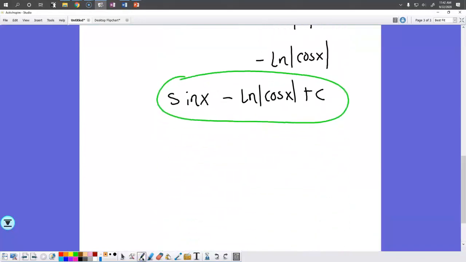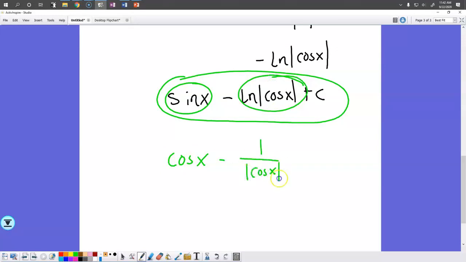So if I were to take the derivative of this, for instance, I would get cosine x. If I were to take the derivative of this, I would get 1 over the absolute value of cosine x times the derivative of the inside there, which is an absolute value problem, so we kind of have to remember how to do that.